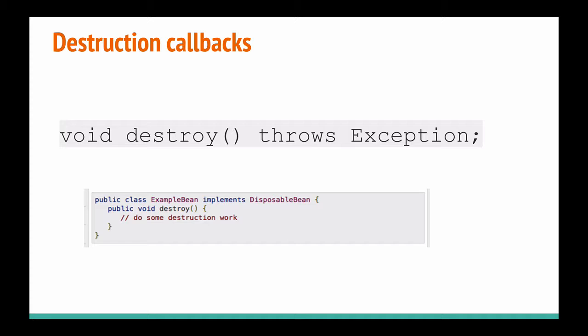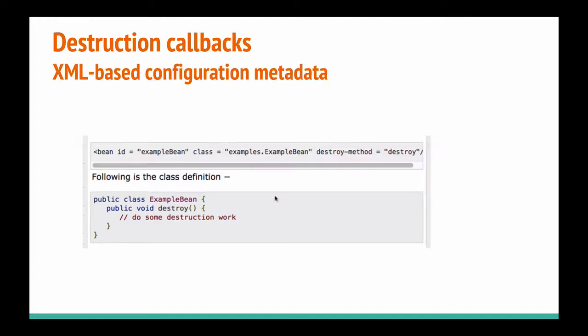In the case of XML-based configuration metadata, you can use the destroy-method attribute to specify the name of the method that has a void argument signature, for example here.